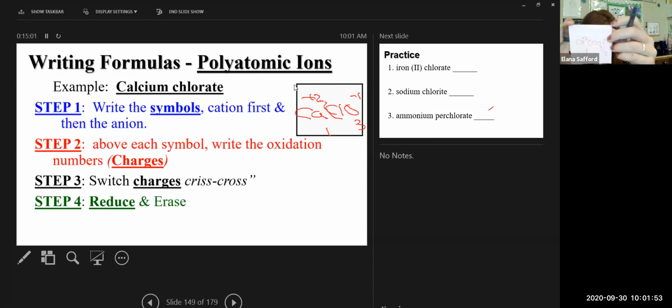So they crisscross, right? And then at the end, we have to reduce and erase. So that 2 came over here.